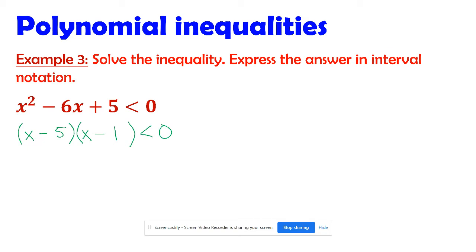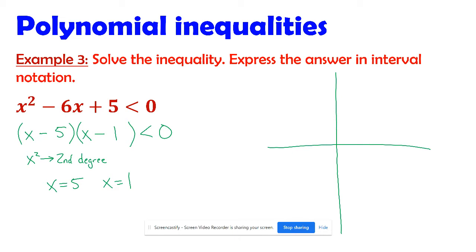So again, I'm going to identify this as a second degree polynomial. So another parabola. I'm going to identify my zeros or my roots. This time it's at +5 and +1. I'm going to do a rough sketch of my graph. So we have +1 and +5.